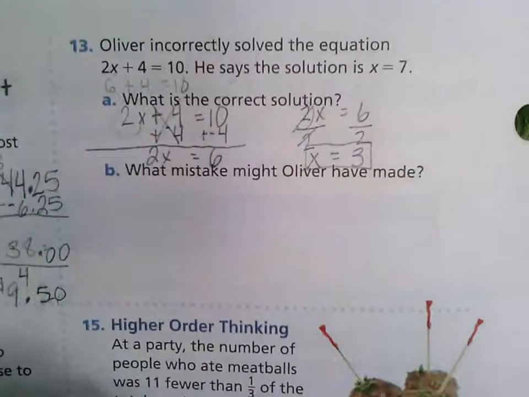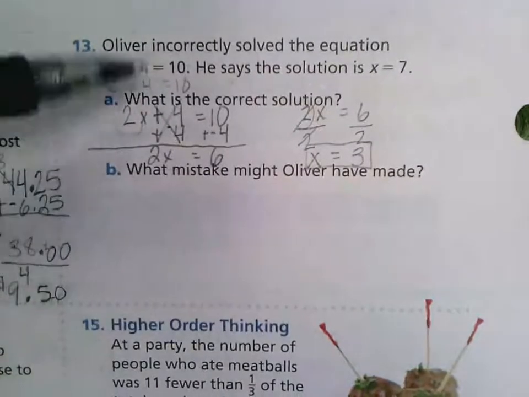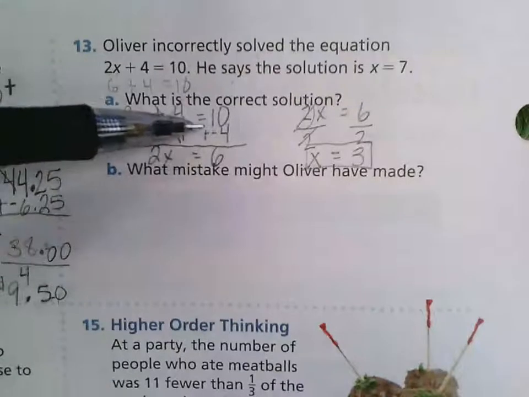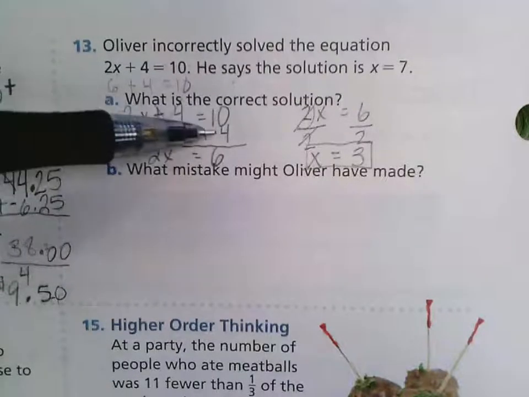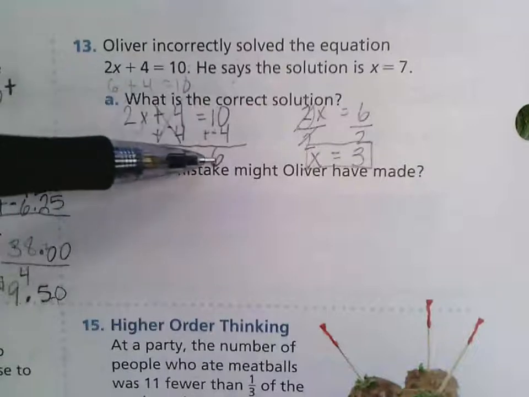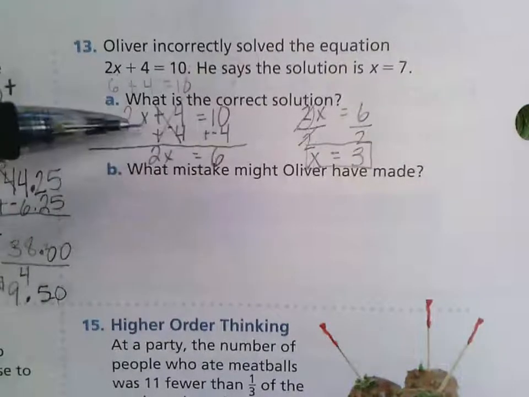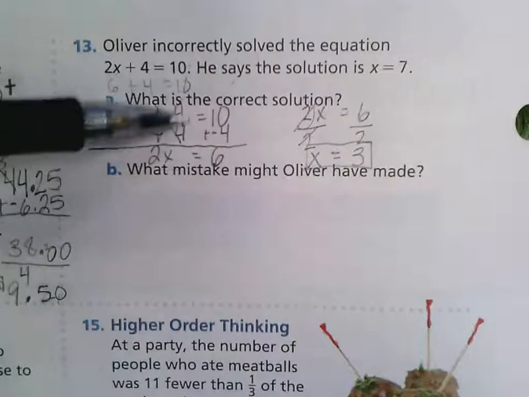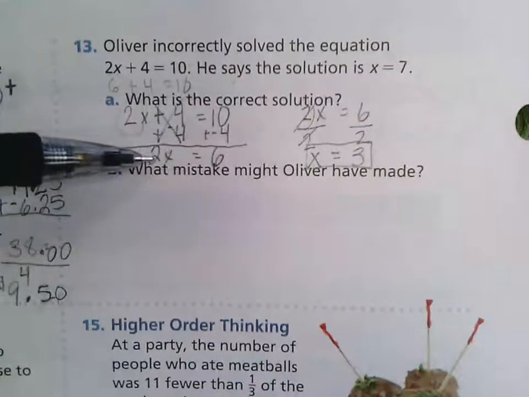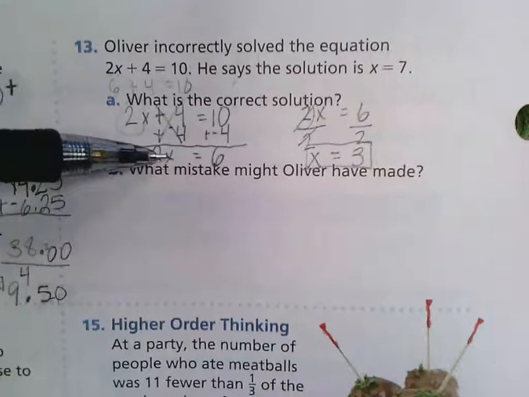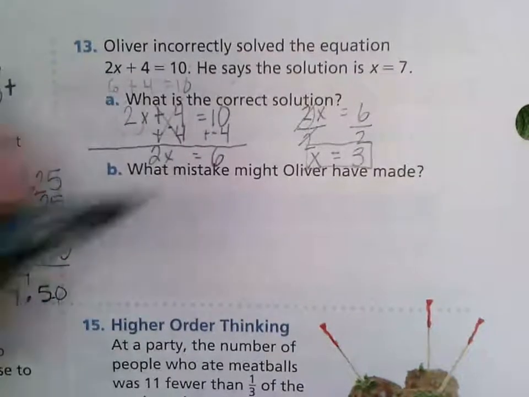So I think what Oliver did was, instead of subtracting 4 here, I think he added 4. Because if he added 4 here, he would have gotten 14. And if he added the negative 4 over here correctly, that would take him to 2x. And then if you add 2x equals 14, each x would have equaled 7.